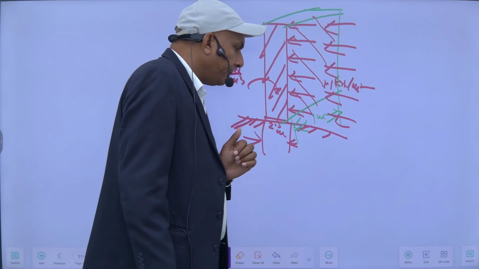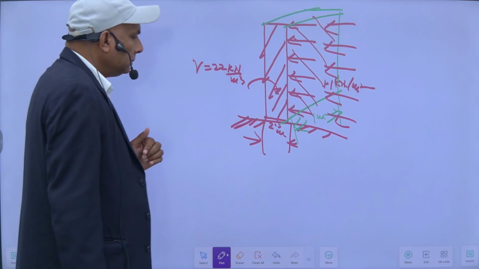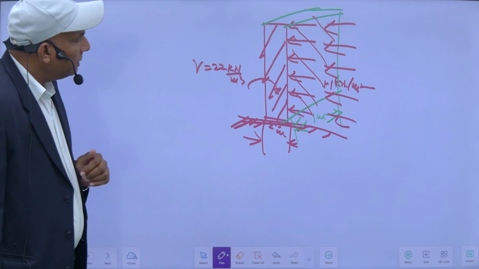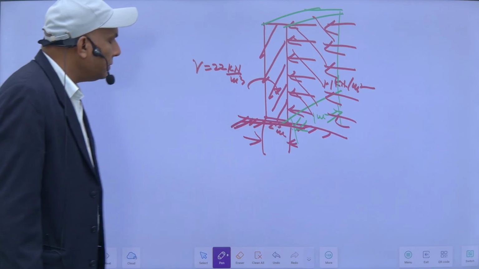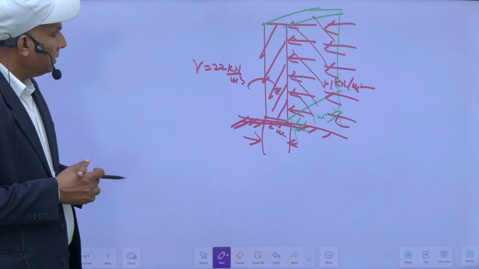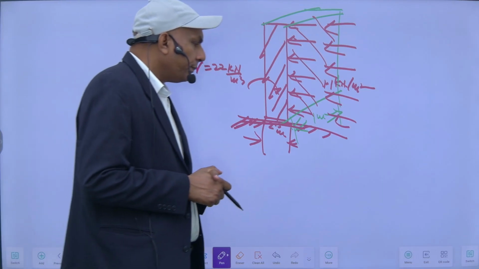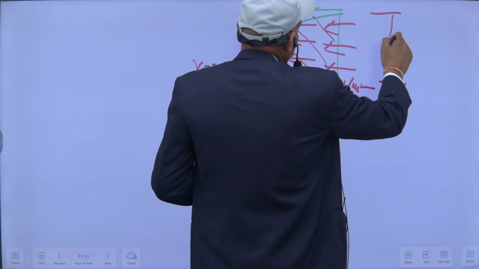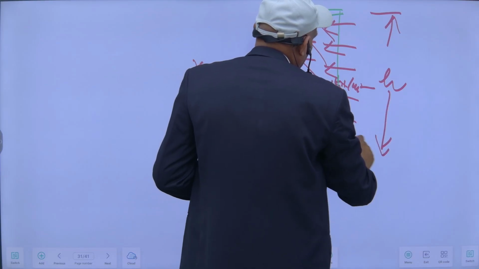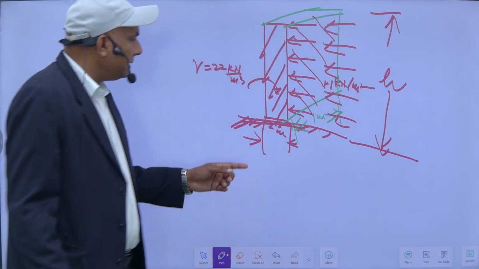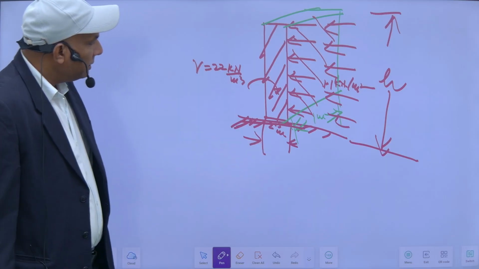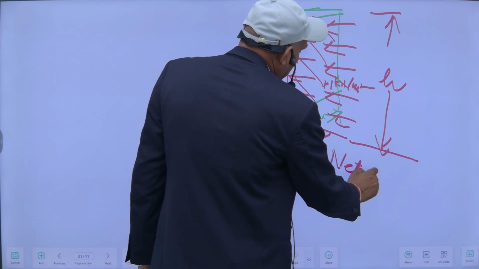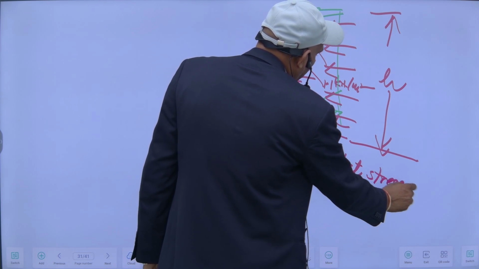So if no tension is to be developed, then what will be the height of the wall? Suppose this is H. For no tension to be developed at this end, my net stress here should be equal to 0.